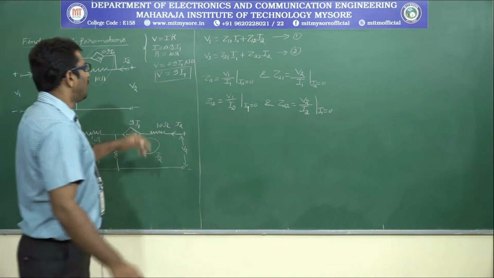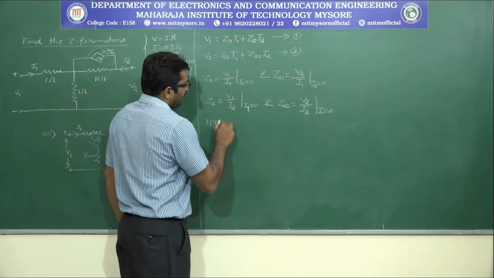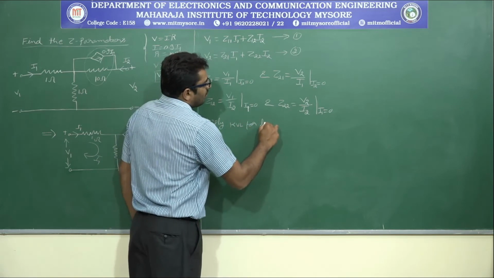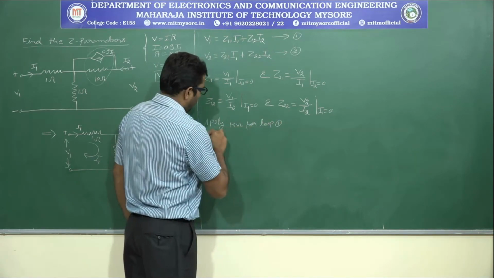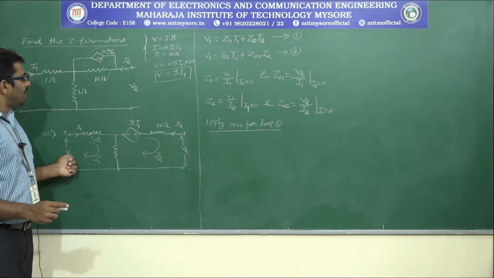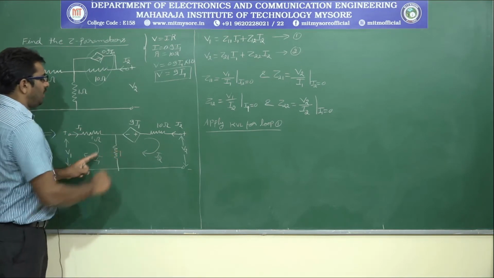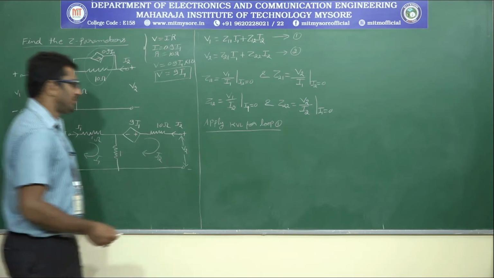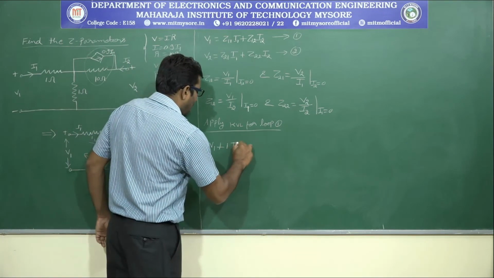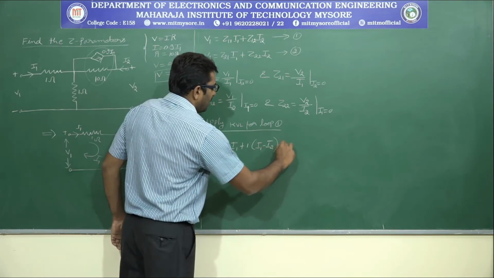Is that clear? Now apply KVL for loop 1. Minus V1 plus 1 into I1 plus 1 into I1 minus I2 is equal to 0.